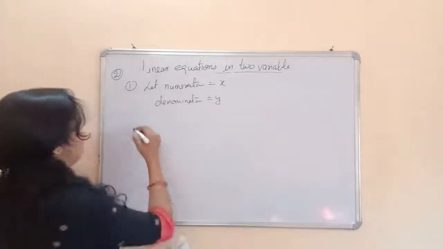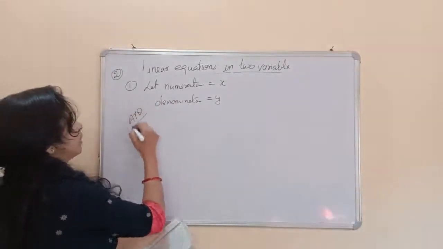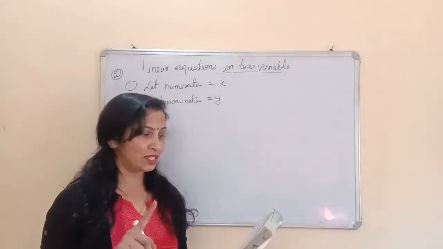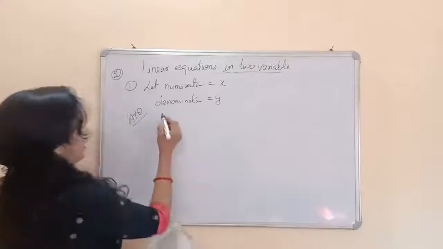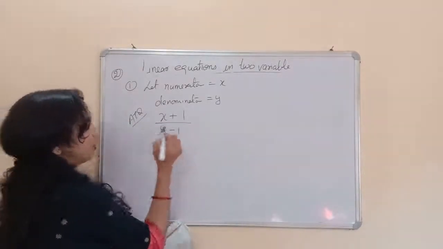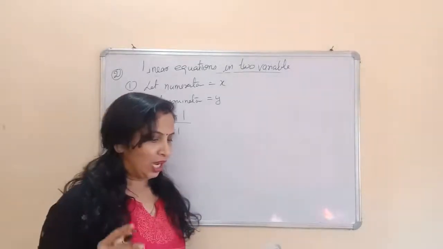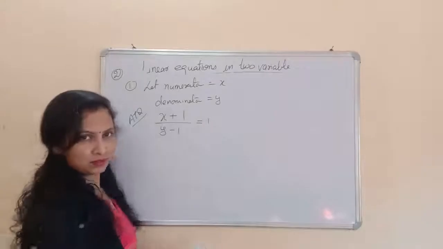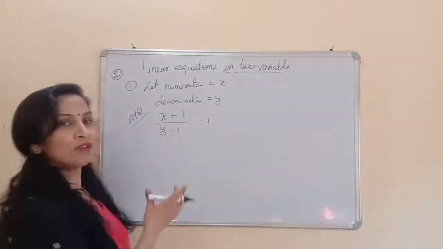Now according to the question, if we add 1 to the numerator and subtract 1 from the denominator, the fraction reduces to 1, it becomes equal to 1. So how will you simplify it?